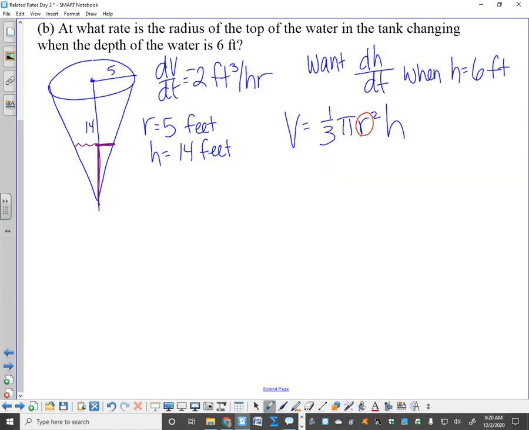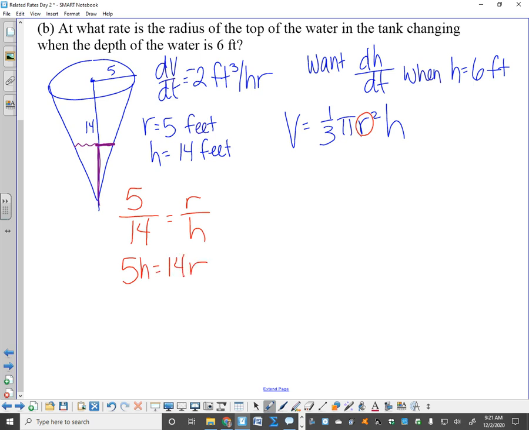Okay, so let's see. Big to big equals little to little. And I have to use r and h because the water radius and the water height change. The 5 and the 14 is of the tank. That never changes. So now I'm going to cross multiply.